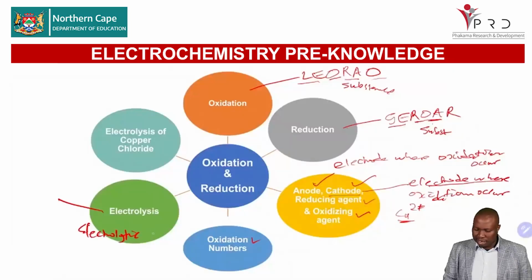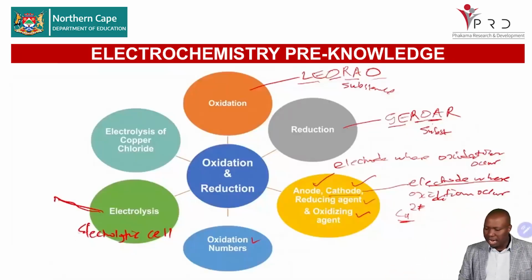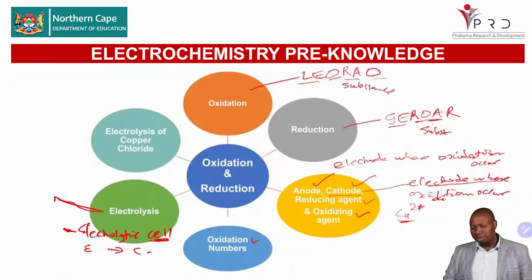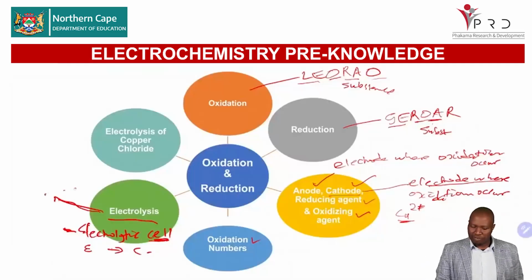Please, we are strict when marking this. When you are defining electrolysis, you'll say it's a chemical process, then you talk about energy conversion. But when you are defining electrolytic cell, you will say now this is a cell that converts. You always start from electrical energy to chemical energy. When you talk about electrolysis, it's a chemical process that converts electrical energy.